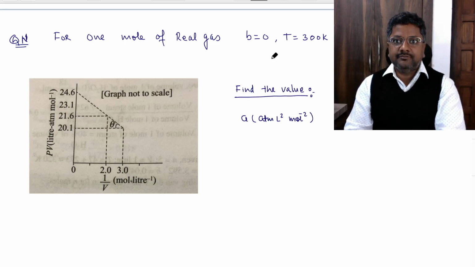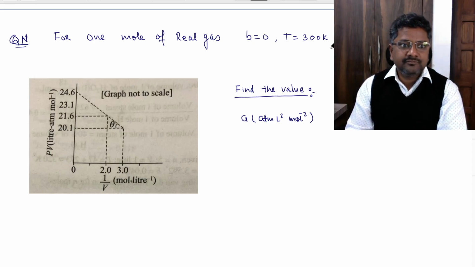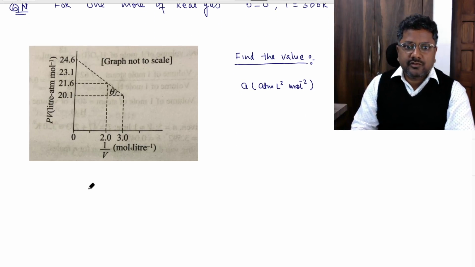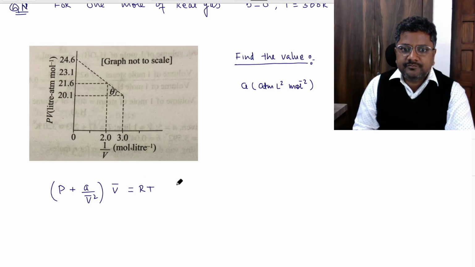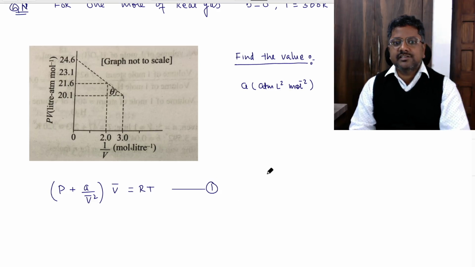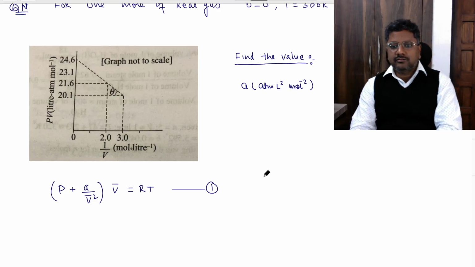B is 0 given, and the temperature is given as 300 Kelvin. If B is 0, how do we write the van der Waals equation for this? P plus A by V bar square, into V bar, is equal to RT. This is the reduced form of the van der Waals equation when B is equal to 0.